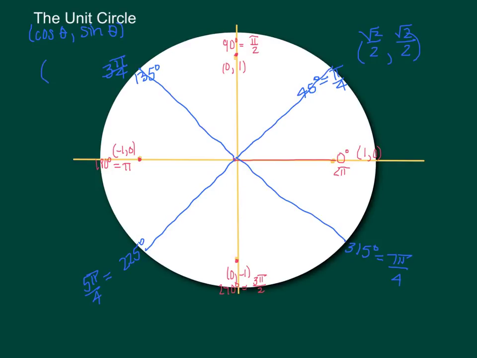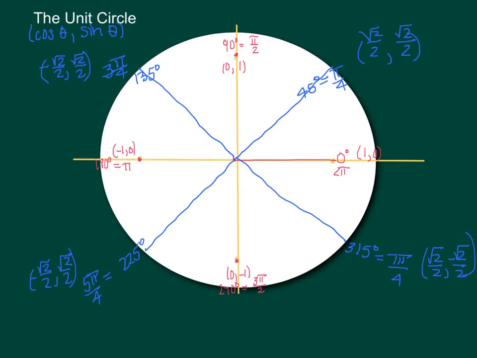So in the second quadrant, the x is negative. In the third quadrant, both coordinates are negative. And in the fourth quadrant, only the y is negative.